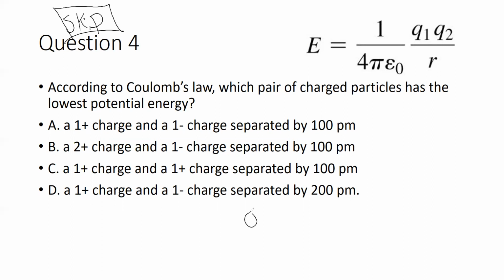So if I have a +1 and a -1 charge separated by 100 picometers, that is weaker than a +2 and a -1 separated at the same distance. That's one thing Coulomb's law says. And Coulomb's law also says that if I'm separated by 100 picometers here, this is more favorable than the same charges separated by 200 picometers.